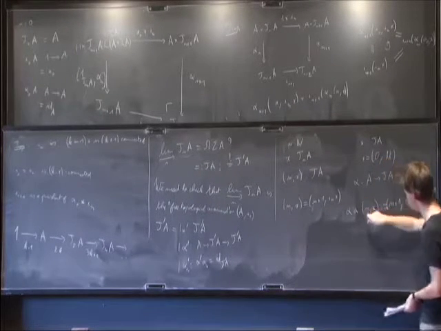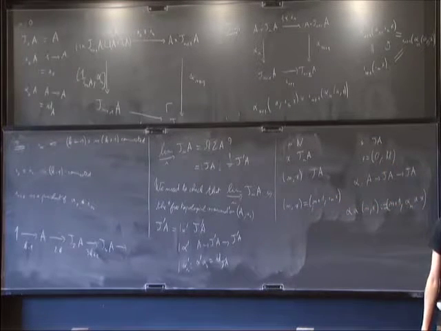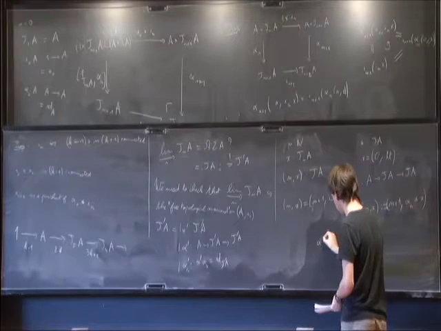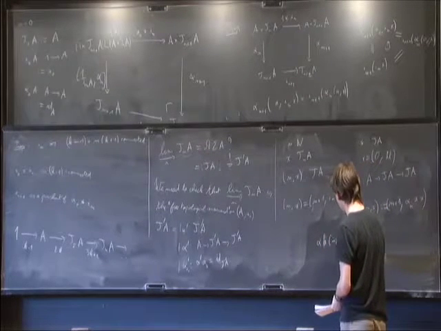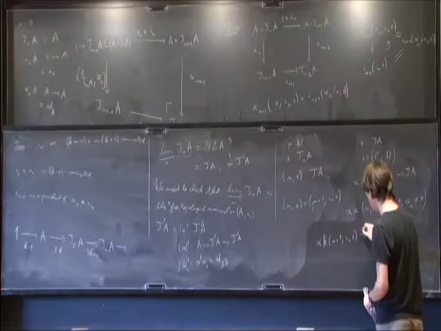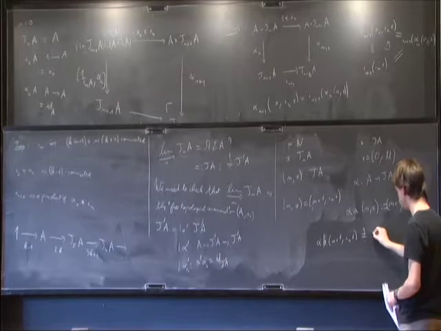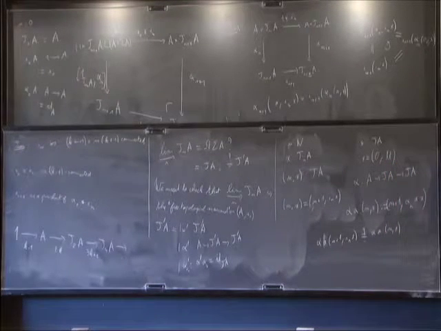But then we have to prove that this is invariant by this equivalence relation. So we have to prove that alpha a of in_{n+1} of x is equal to alpha a n of x.